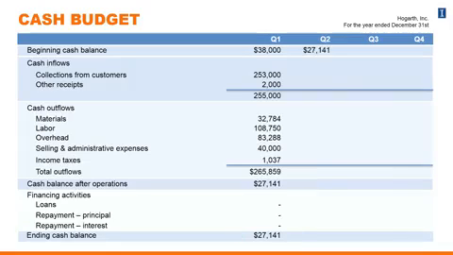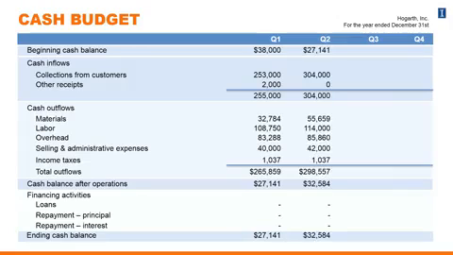Turning to Q2, we have the same set of information. We projected cash inflows to be $304,000 for our revenues. That's the only inflows that we have, and those are offset by the cash outflows for materials, labor, overhead, selling and administrative expenses, and the income taxes that we owe for this quarter. Those cash disbursements total $298,557.